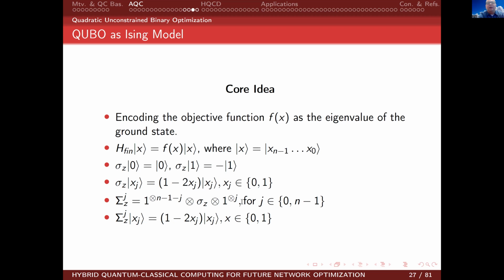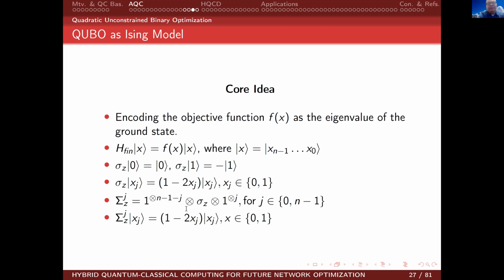Similarly, if we apply this newly defined operator to ket x, we will get a similar new vector with the factor 1 minus 2x_j. This finding, or this operation, can help us to build up the Hamiltonian.